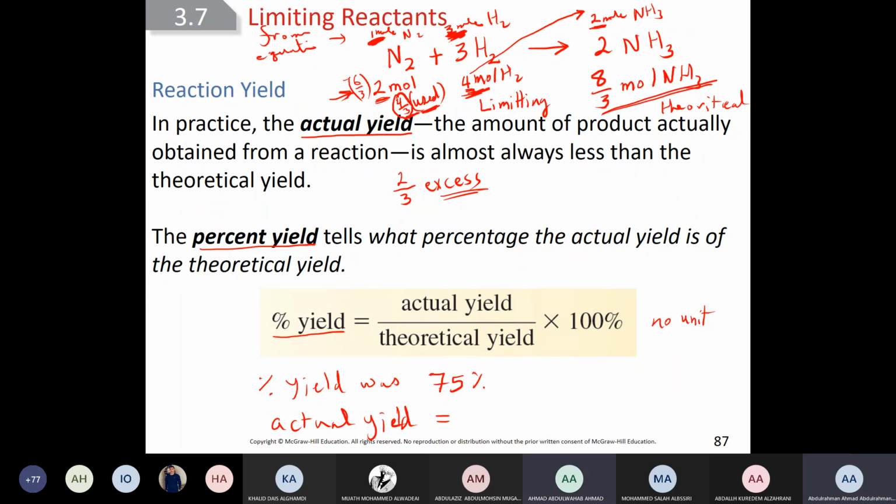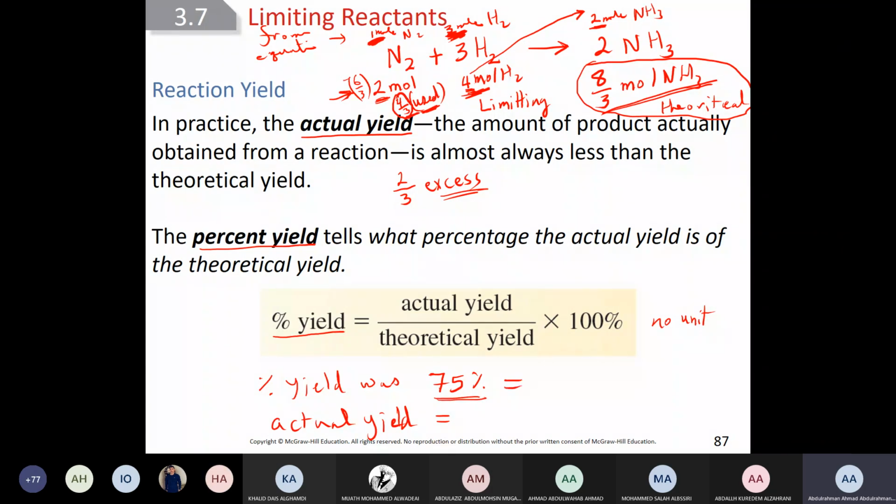No, percent yield is 75. We are talking about the same experiment. This is the theoretical yield, and I'm assuming that the percent yield is 75%. What's the actual yield?